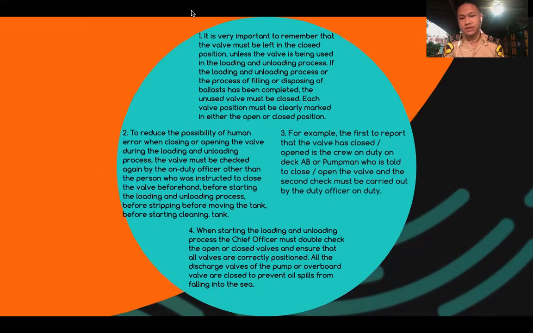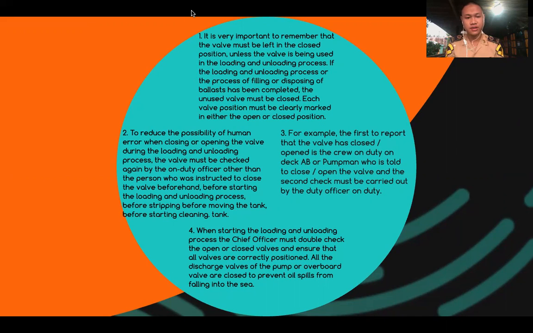Each valve position must be clearly marked in either the open or closed position to reduce the possibility of human error when closing or opening the valve during the loading and unloading process. The valve must be checked again by the on-duty officer other than the person who was instructed to close the valve beforehand.